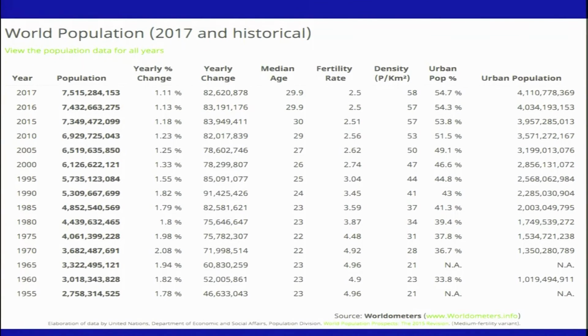This is the world population based on historical data as well as present data until 2017. If you see, we have crossed almost 7 billion here.